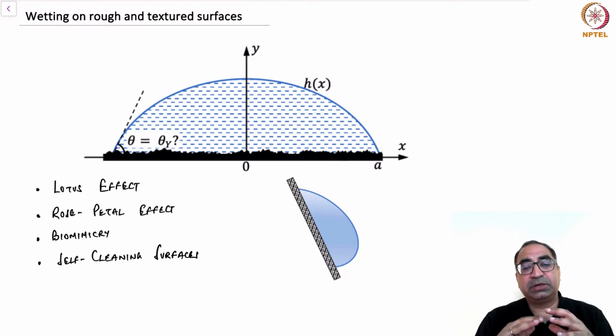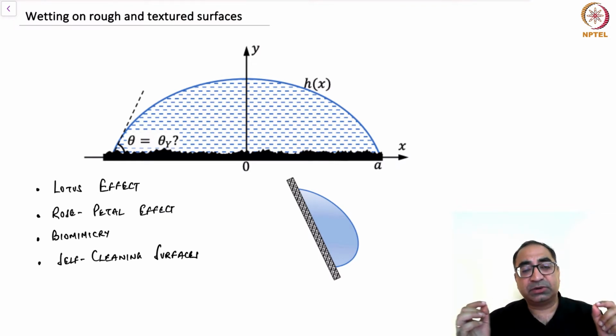If you take a smooth solid surface and you have a droplet that's sitting on the solid surface, then we've already shown that the Young's law is valid very close to the contact line. And the Young's law essentially relates the three surface energies that are present in the problem. Of course, this is under the assumption that the contact line is free to move on the surface and it's not pinned.